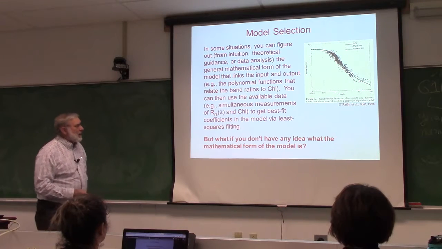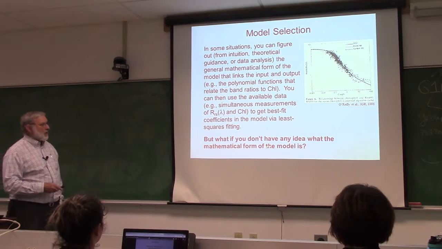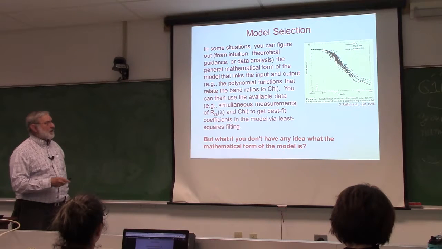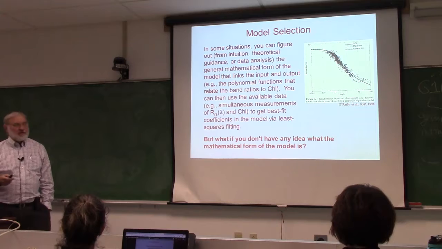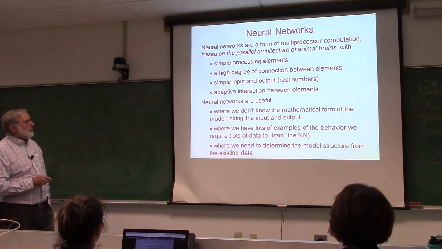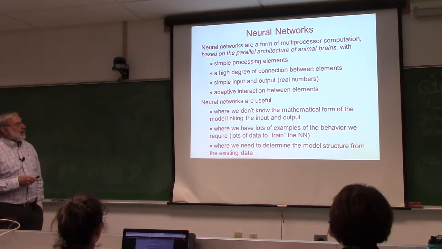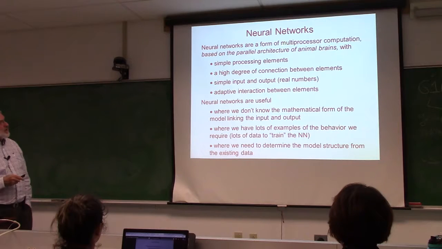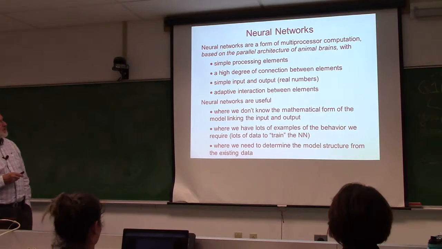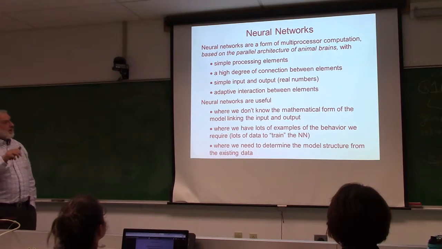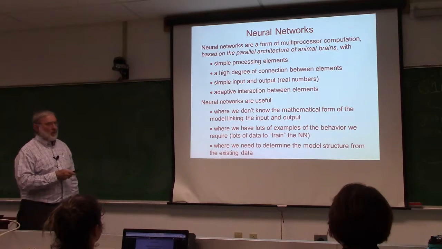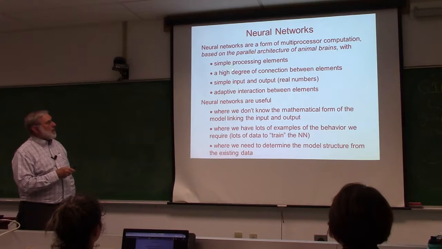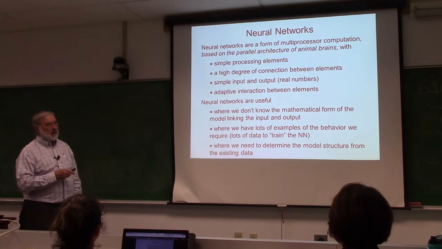So if you have a case like that, where you really don't know what the mathematical form of the model is, then one of the things you can use is neural networks. So here's the idea there. As it says here, a form of multiprocessor computation based on the parallel architecture of animal brains. Well, whatever that means. What it amounts to is you have really simple processing elements.